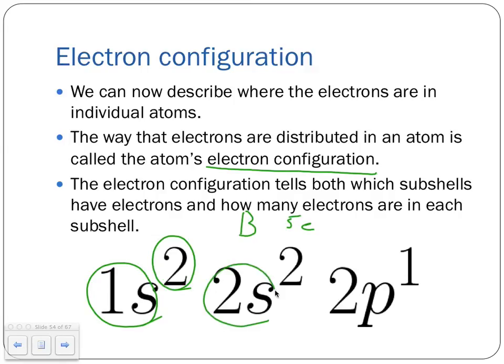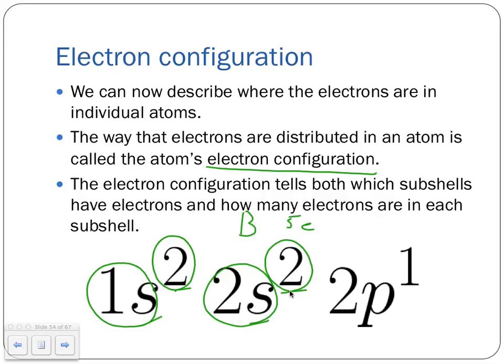The 2s. It's an s subshell, and so it has 1 orbital, and that orbital holds 2 electrons. So we put the next 2 electrons in the 2s. At that point, the 2s is filled. We still have 1 electron left. We have 4 total, 2 in the 1s, 2 in the 2s, so we need 1 more to get to 5.